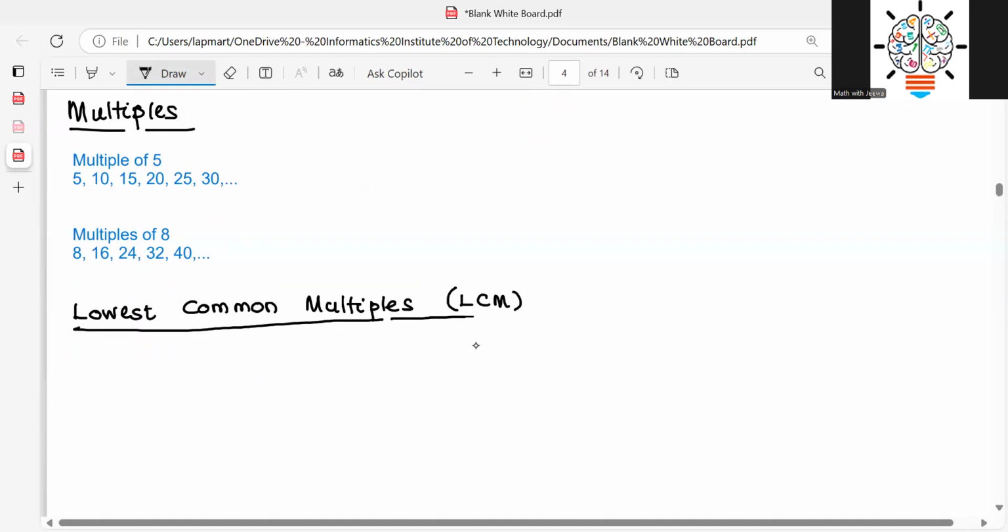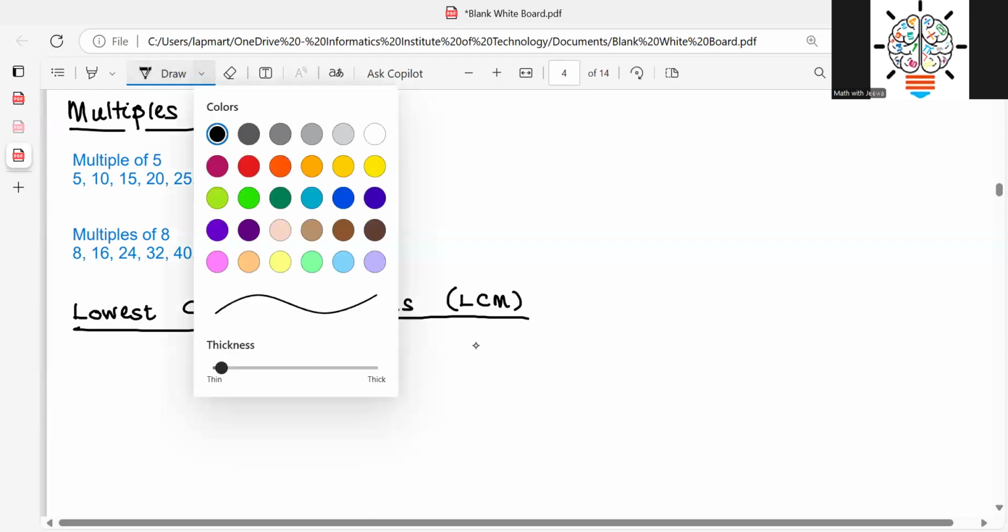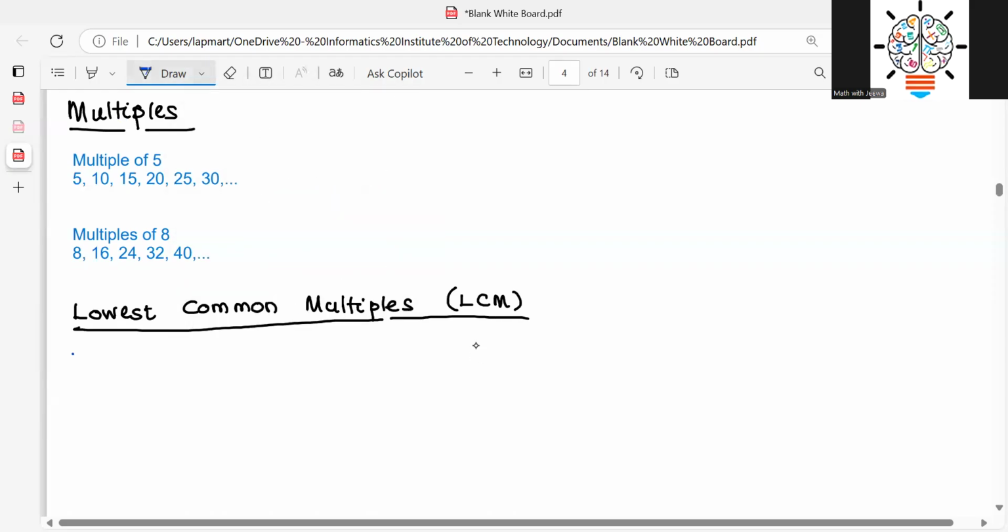How do you do this? Let's say we get 2 numbers. So then the LCM of 5 and 8. The preferred method I take is that I write 5 and 8 and I start dividing them by the prime numbers. Keep this in your mind.